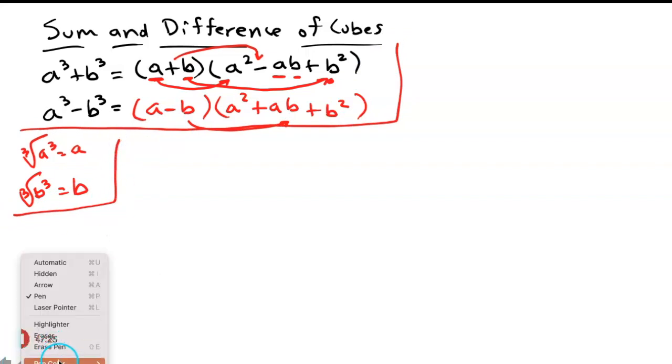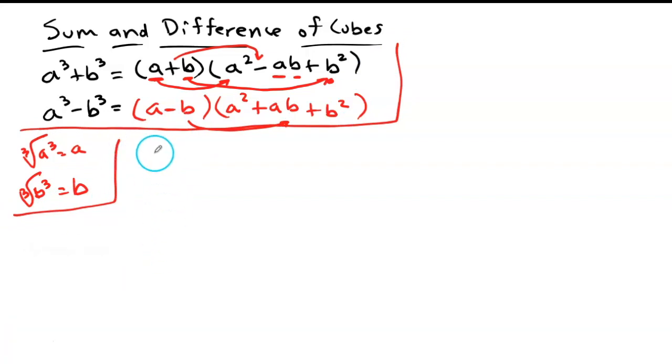Let me give you an example. Let's say that I have x cubed minus 64. And the question, again, is factor this. First of all, we need to identify how I can factor this. I see a minus, and I have two terms. So the only two choices are either a difference of squares or a difference of cubes.